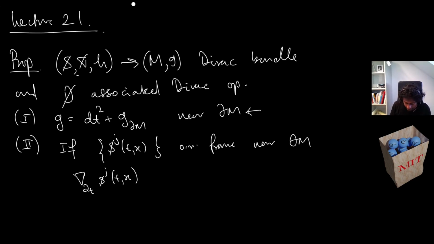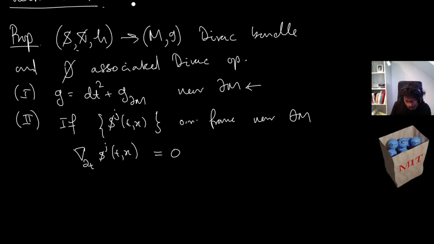What we really need is for the derivative of the orthonormal frame to be 0, so it needs to be constant along the direction of t. Okay, so we need to be able to decompose the operator in this way. So there's a missing condition like this that makes the whole thing work.